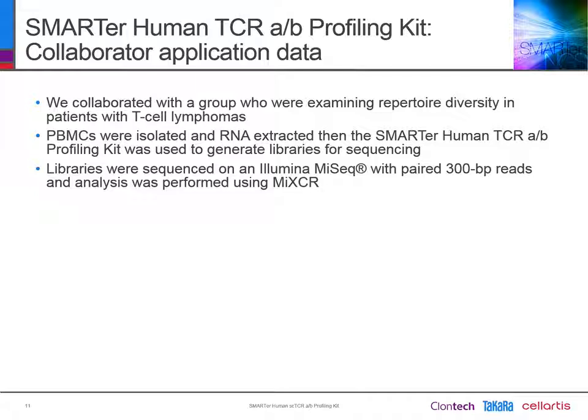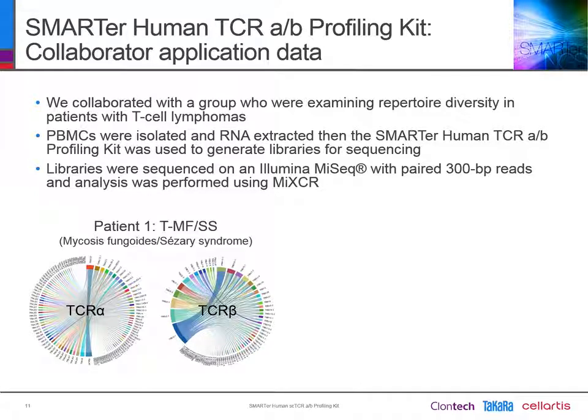To show you some data from 2 patients here, what you have are these chord diagrams which represent the clonotypes of the J and V genes expressed in alpha and beta. Each of these strings represents the pairing of the VJ, and the width of the line represents the frequency of expression of these clonotypes.